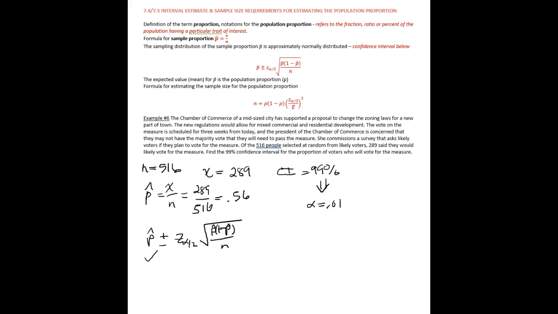We don't, but we can find it. We have this P hat, we have that P hat, and we have this N. So the only thing we need now is Z alpha half. We know what alpha is, so our alpha half is 0.005.